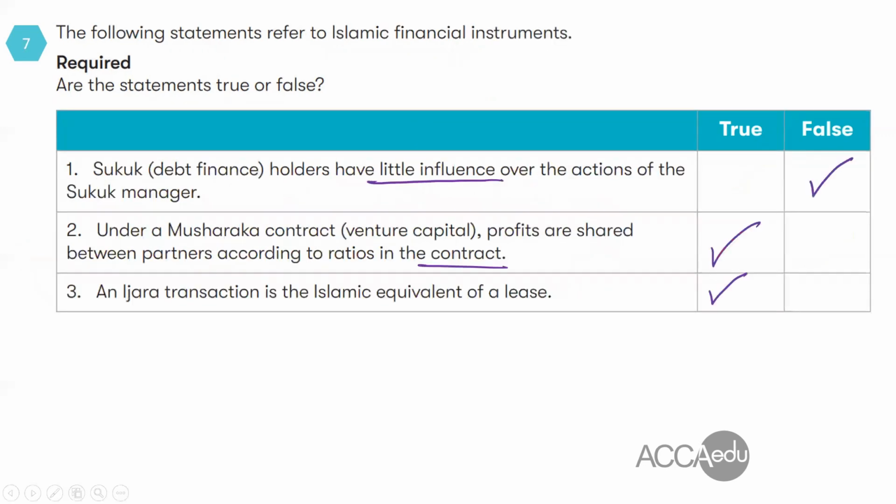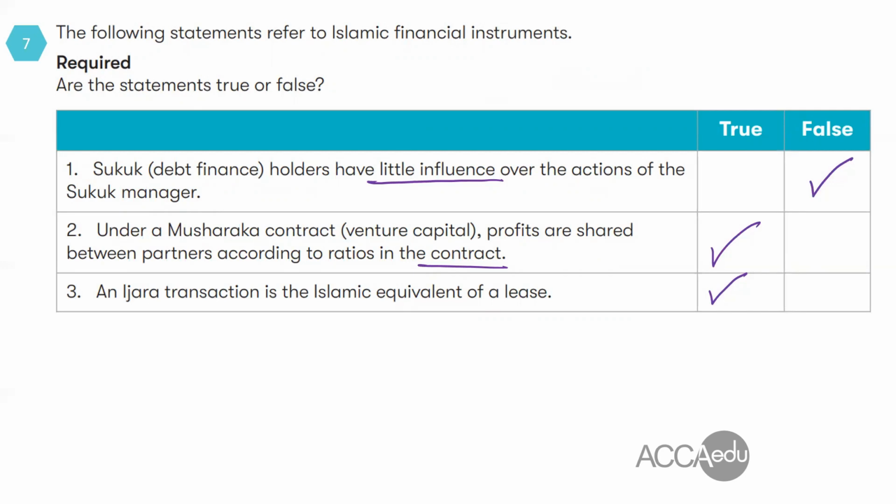The next 3 statements are about Islamic finance. Sukuk holders have little influence over the actions of the Sukuk manager. That's incorrect, because with traditional bond holders, this is true. But in Islamic finance, Sukuk holders have a close relationship and close influence on the actions of the Sukuk manager. They even share the risks. So this is false.